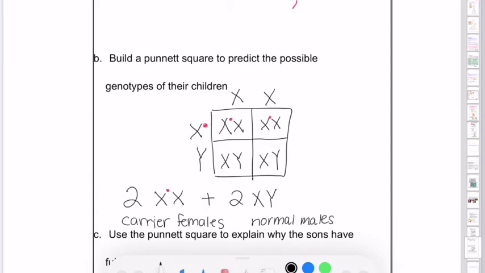So it's a 50-50 chance always that you're going to have a girl or a boy, right? 2 to 2. And then within those, every girl would be a carrier, and all of the males would not have the gene at all.